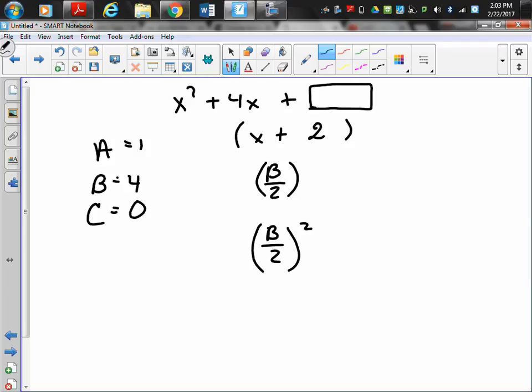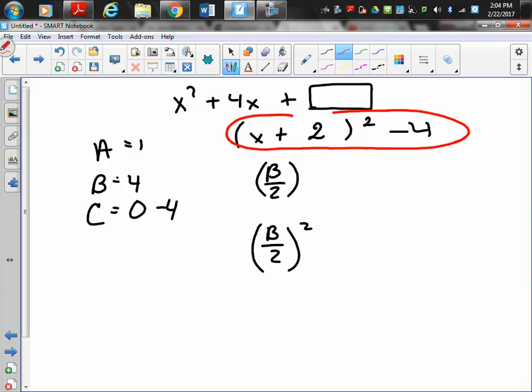And we added 4, so what do I have to do to make it 0? I have to subtract 4 from my C. So what is my C value going to be? 0 minus 4 is minus 4. So that is the answer.